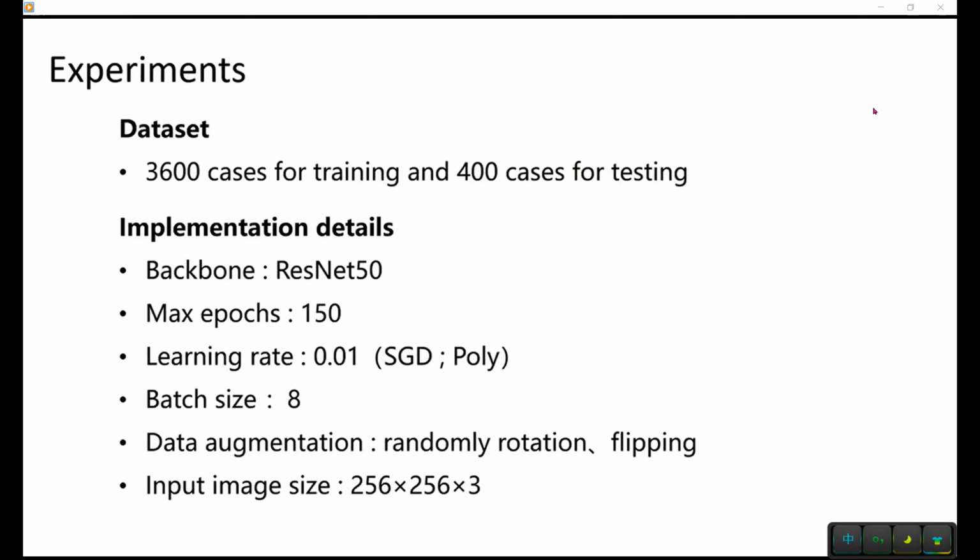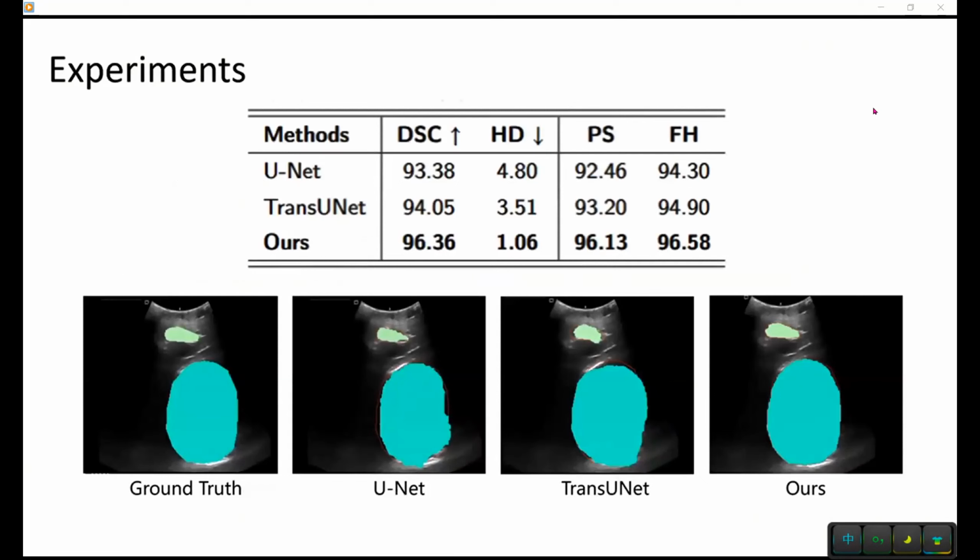Moreover, we applied the SGD optimizer with an initial learning rate of 0.01. In total, we trained the model for 100 epochs with a batch size of 8 for each iteration.